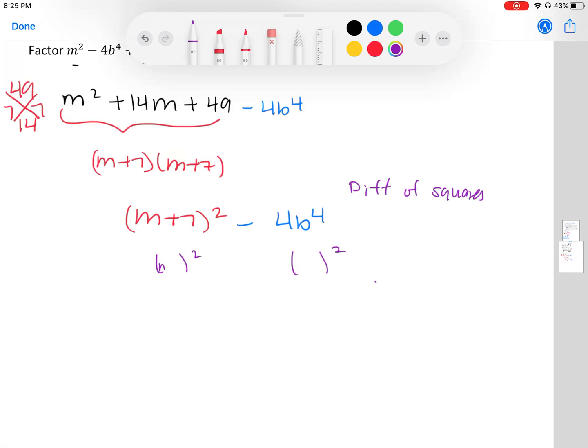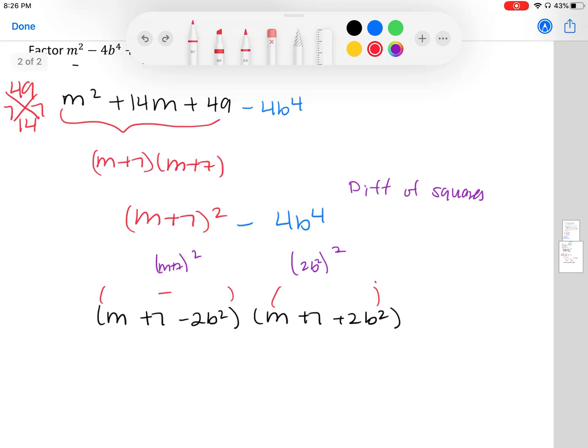So this is m minus 7, and that would be 2b squared. So this factors to be m minus 7 minus 2b squared, and m minus 7 plus 2b squared. Remember, it's those numbers with a plus and a minus. Oh, I wrote them backwards to match what I had written.